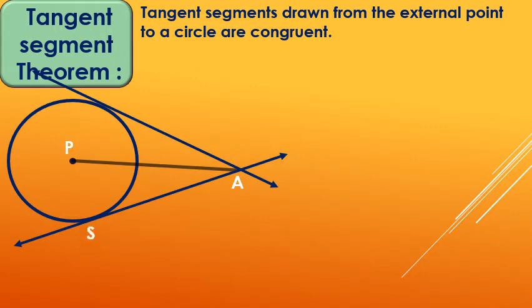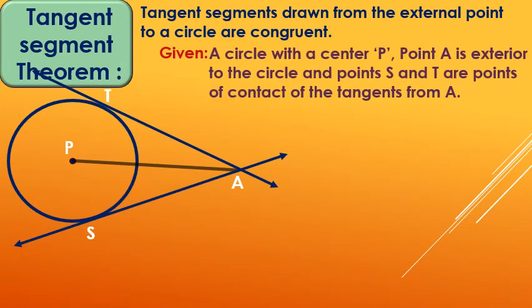We will name them. The point of contact is S and T. Okay, this is given. We will write a circle with a center P. Point A is exterior to the circle and points S and T are points of contact of the tangents from A. Okay, this is given.